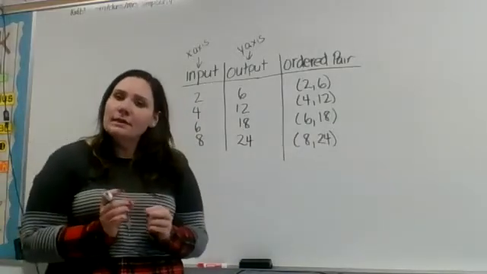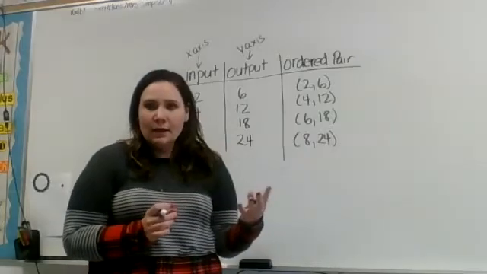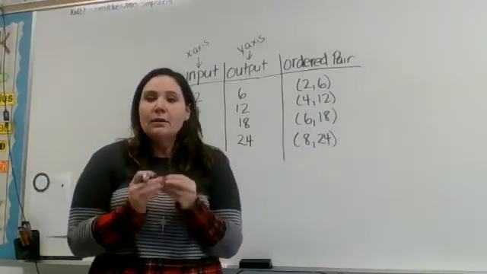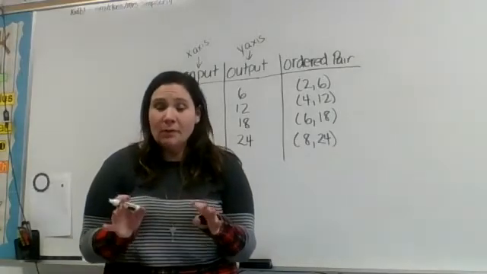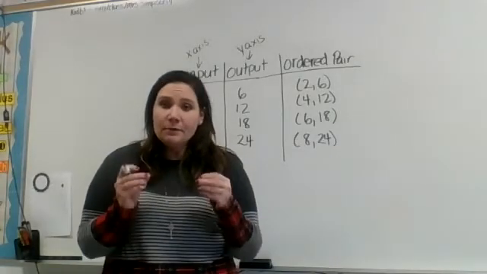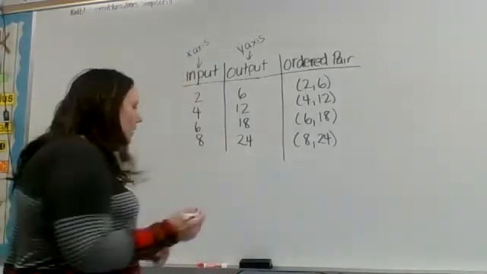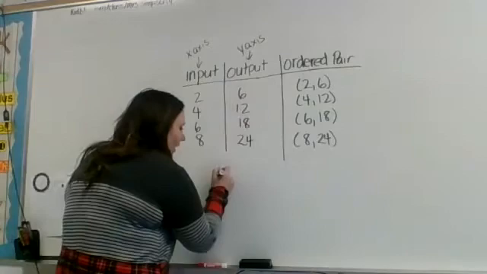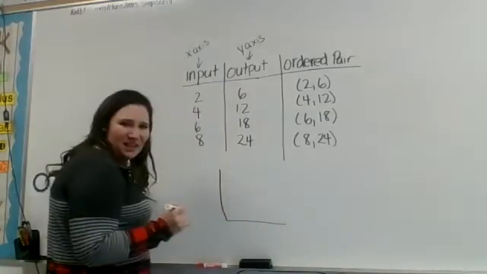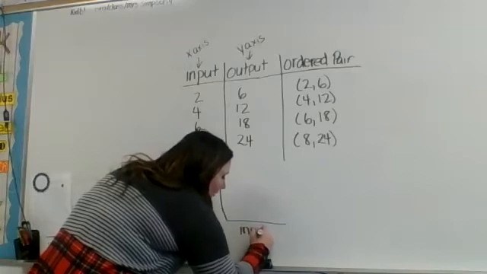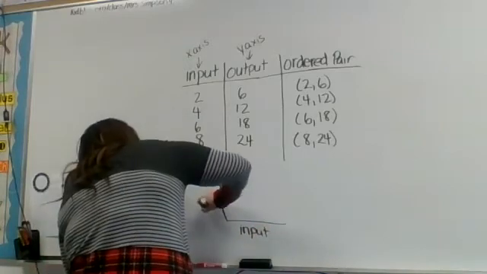The only thing I want to say on top of this is that if you are then asked to make a graph with these, my first video, which you may or may not have watched, you have to put titles on your graph. So if I was going to make this into a graph, I know this is kind of small, but this I would say is my input, and this would be my output.